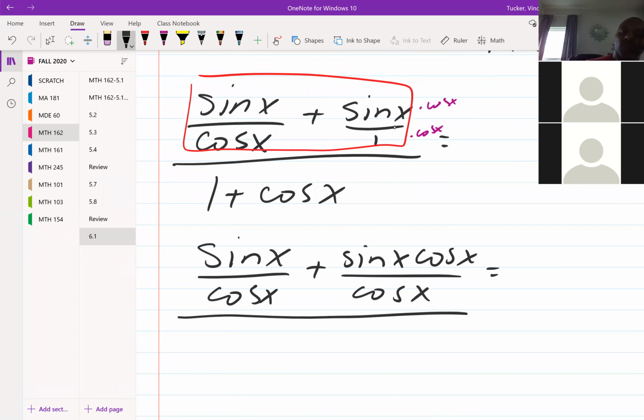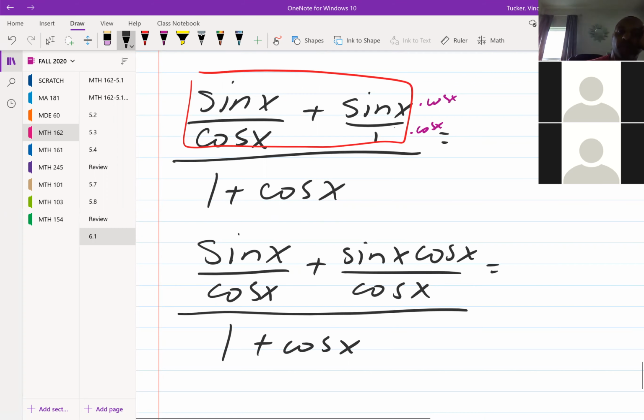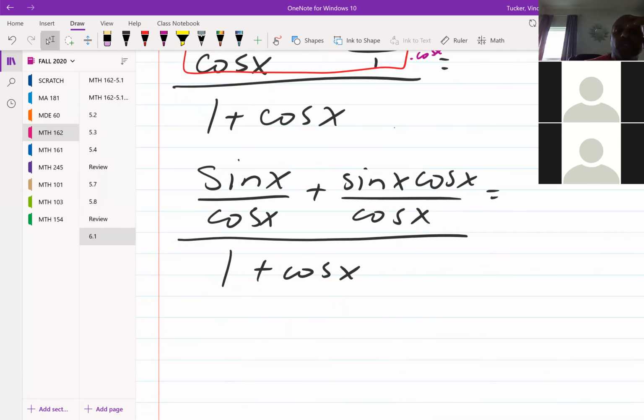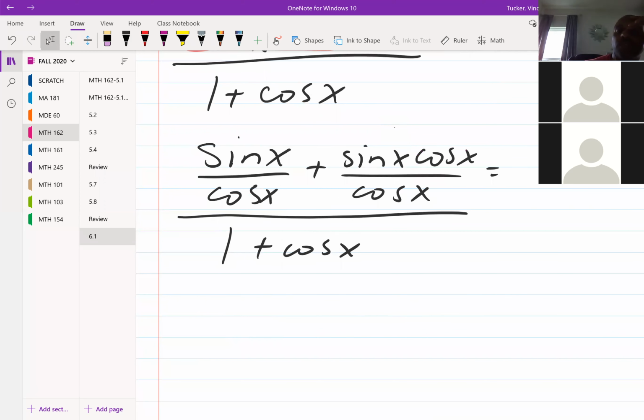All right, and that's all over 1 plus cosine. I don't have much room, so if I cover or remove something and you need to see it, just let me know. I'll take it back down.